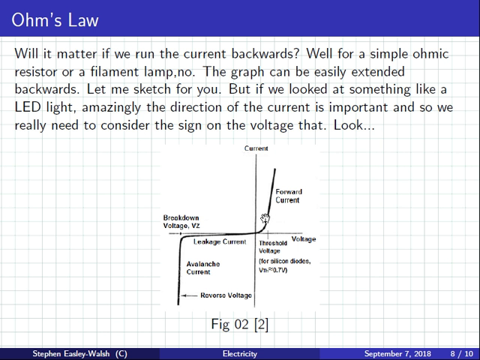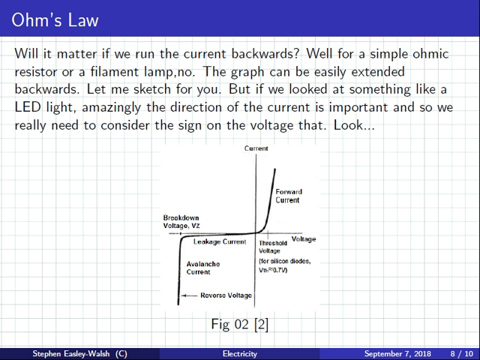Now, if you try to turn it around and make the current go backwards, look at what happens. Resistance here, very, very high. And then what happens? Very low. So this is when you break it. Here's my LED. I can put the current in. I get the light.